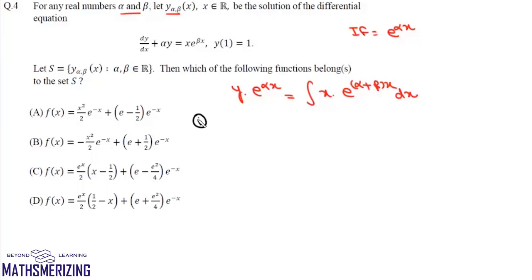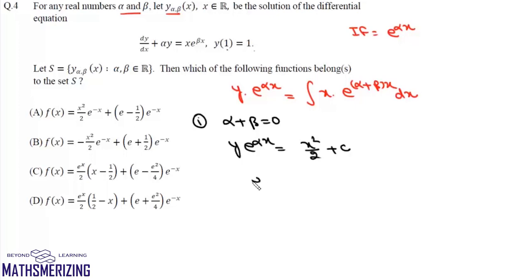Now we'll consider two separate cases. Case 1, if the value of alpha plus beta is 0, then here we'll have just x dx. So we'll have y into e to the power alpha x equal to x square by 2 plus c. Now we are given that when x is 1, y is 1.